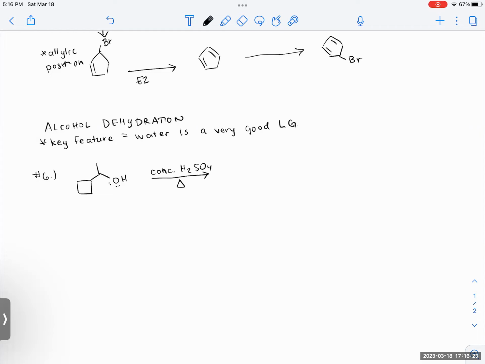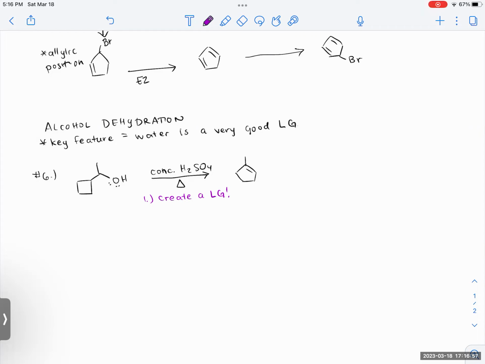Well, the first thing that we're going to need to do, actually, is that part of the question? Oh, I think we're actually given the solution here too. Let's do purple. The first thing we're going to have to do is create a leaving group. In order to create a leaving group, we need to protonate the alcohol.